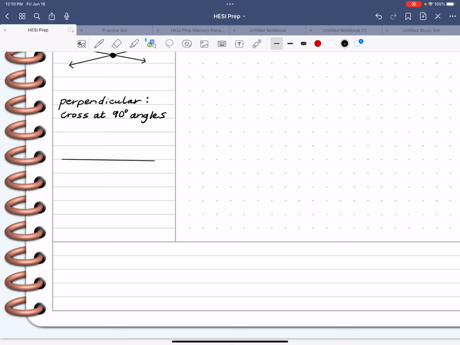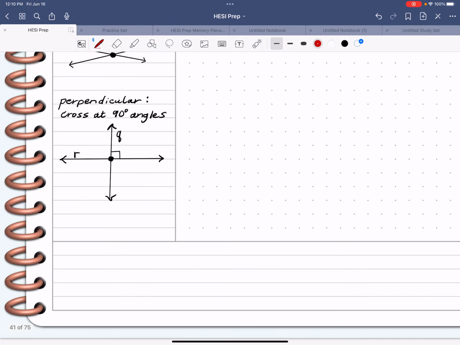So you'll have one that is perfectly straight this way, one that is perfectly straight this way, and you're getting that 90-degree angle in there. Here's the point of intersection. So let's give these some names. Let's use Q and R. So I could say that line Q is perpendicular to line R.